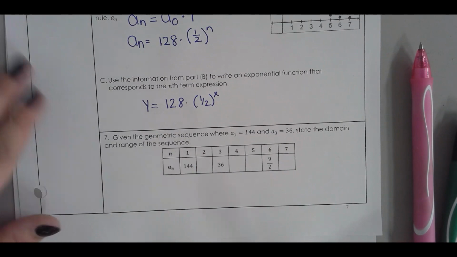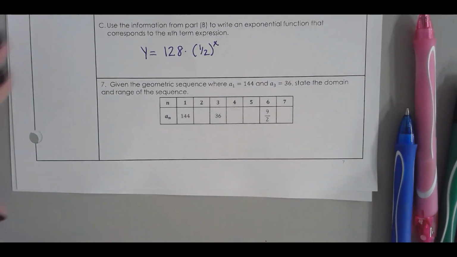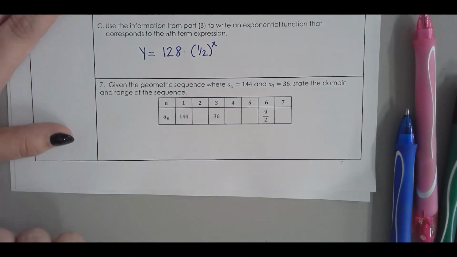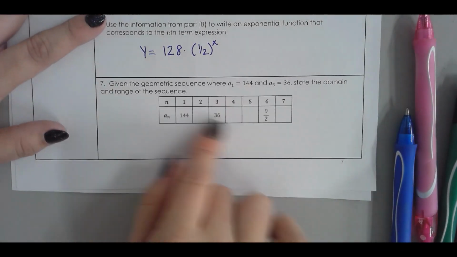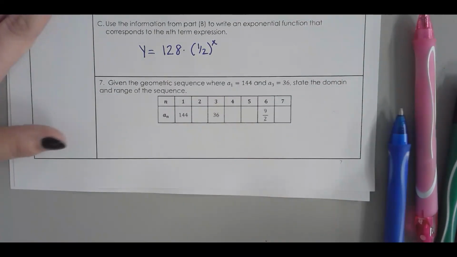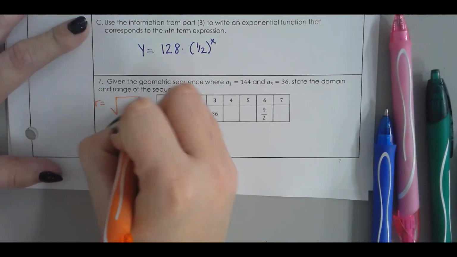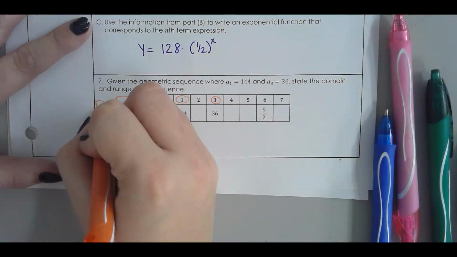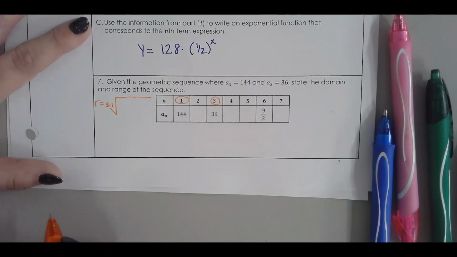Number 7. This is a geometric sequence. I've given you 2 terms. You could probably guess and check to figure out what your common ratio is. Or, this is the one where you do the root. So, it's going to be a 3 minus 1 root, or a square root.